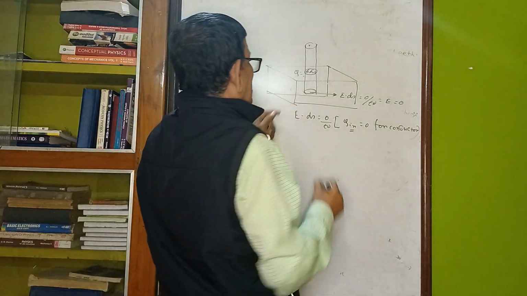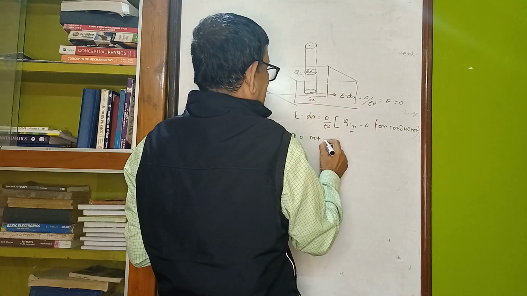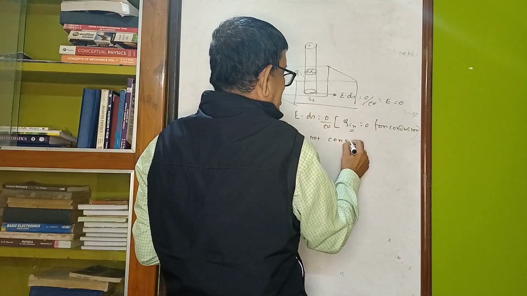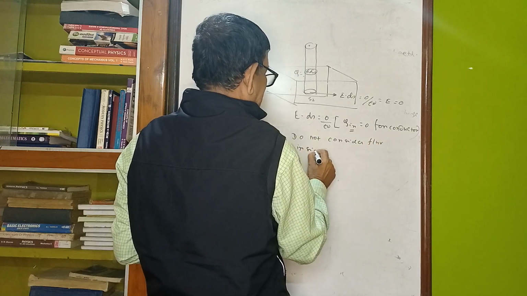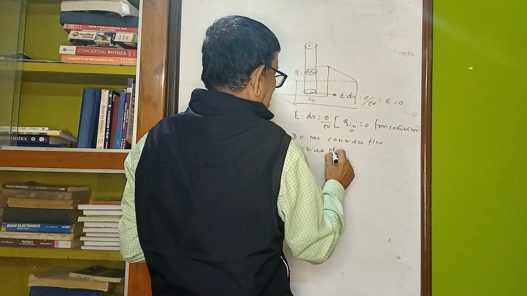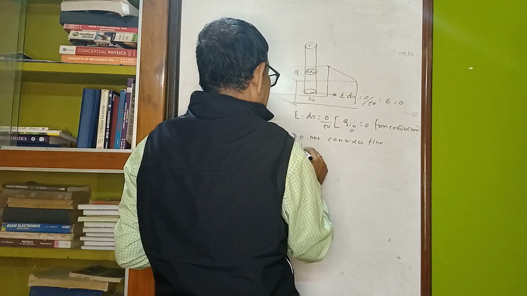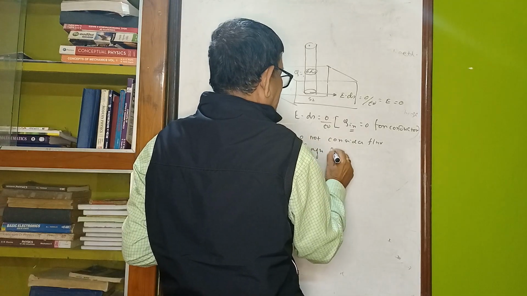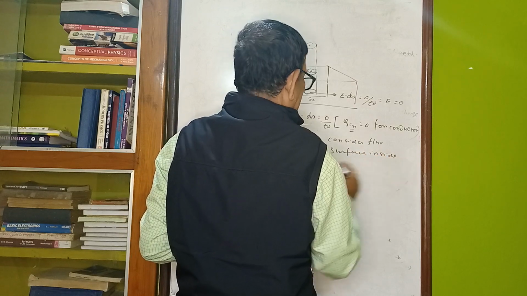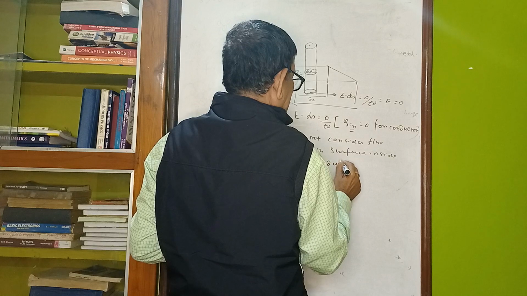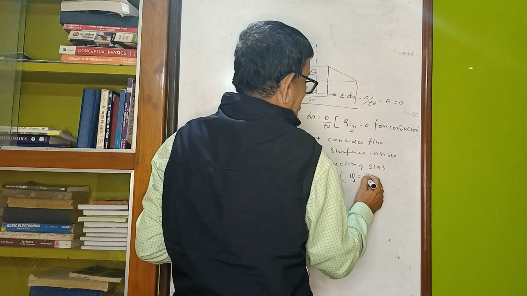So naturally we don't consider flux through the S2 surface, don't consider any flux inside the conducting slab, because Q equals 0.